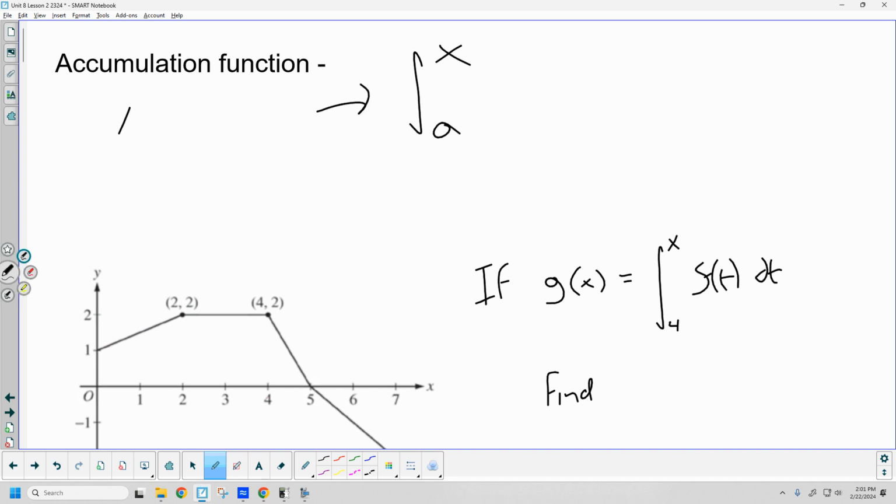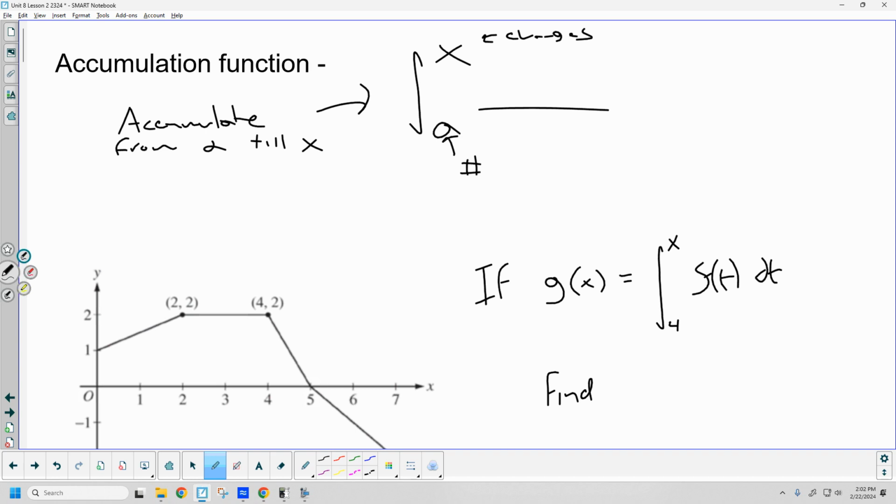You can read this as accumulate, whatever we're talking about, from starting point a till wherever we decide to end at x, where x is a variable, a is a number. Cool? Cool.